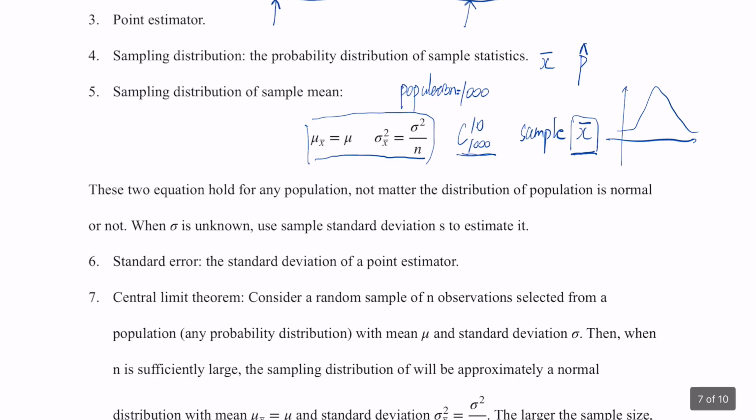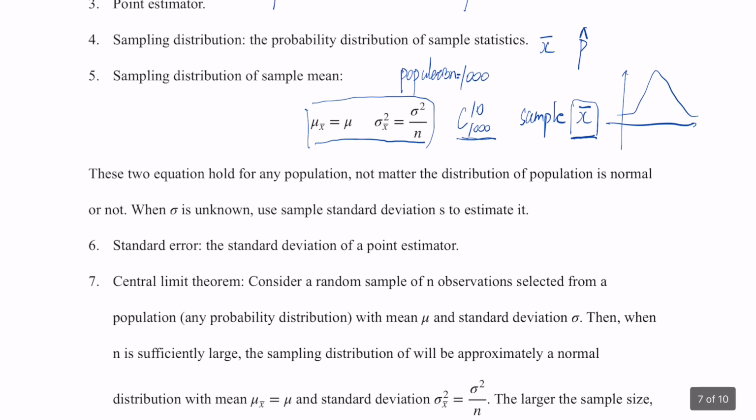It is normal only when you draw all the samples you can get and make the sample as large as possible. Then it will become a normal distribution.